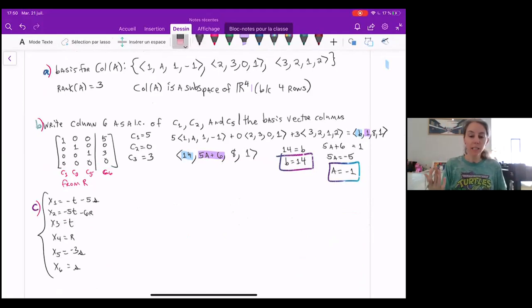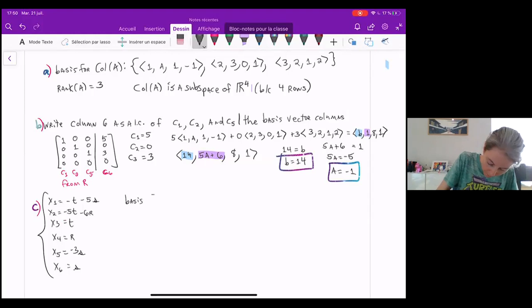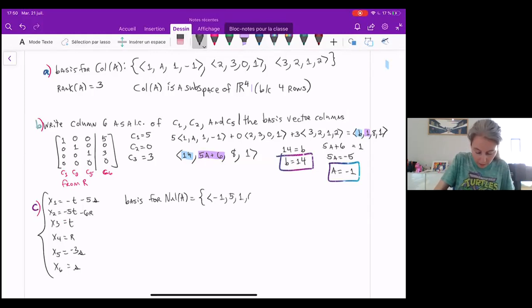And now to find a basis for a null space, I just need to think of it as a vector equation. I'm not gonna rewrite it as a vector equation, I'm just gonna extract the vectors that I would use. So I'm gonna have a t vector, an r vector, and an s vector. So my basis for the null space of A is equal to my t vector, so that's -1, -5, 1, 0, 0, 0.